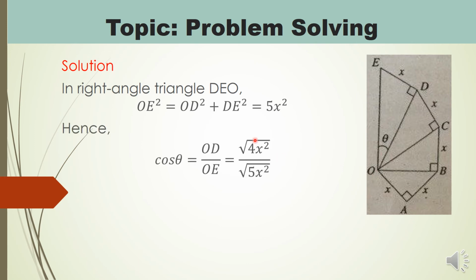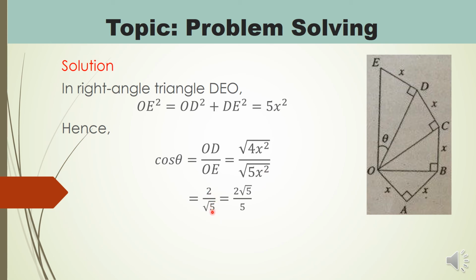The cosine equals the adjacent side OD over the hypotenuse OE. But these are all squared sides, so you have to take the square root: square root of 4h square over square root of 5h square. Then, cancelling the square root, 4 can come outside the square root, but 5 cannot, and h square and h square simplify. So we got only numbers.